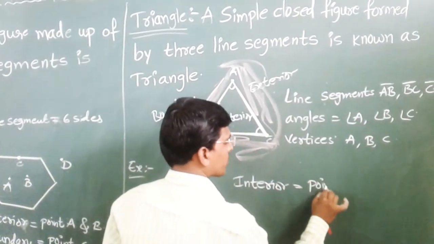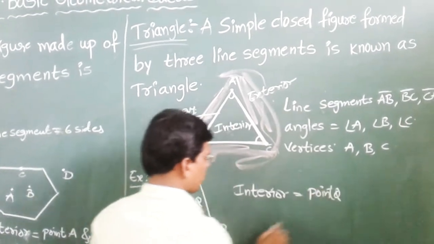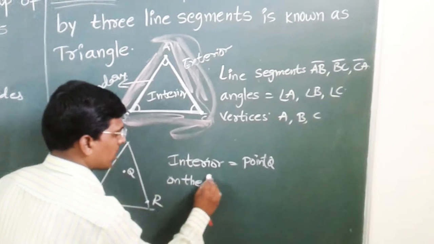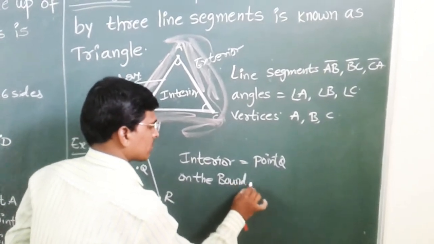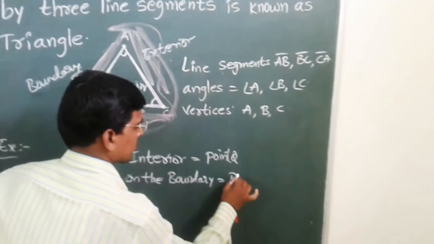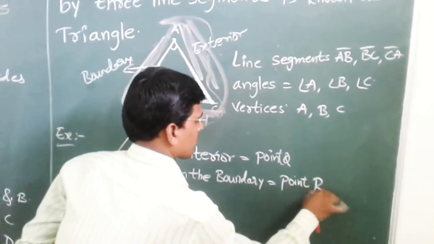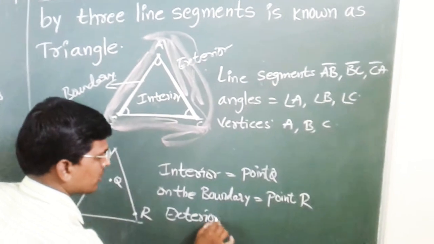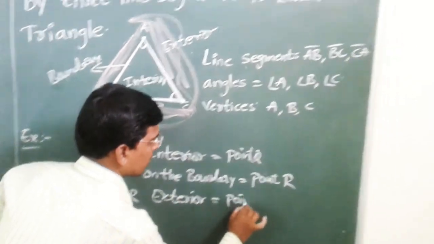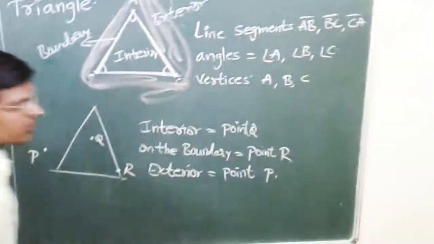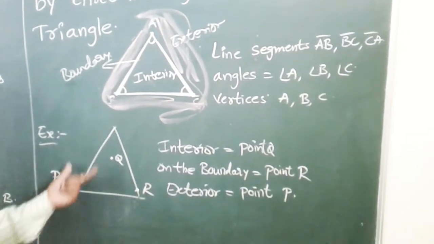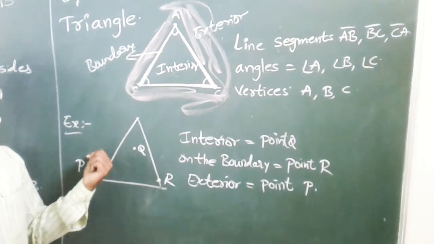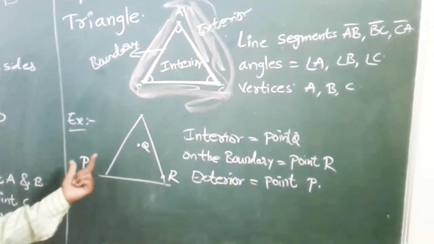Point Q. Next, on the boundary, point R. Outside, or the exterior region, point P. In this triangle figure, they will give you some points and ask you to identify their position, whether they are interior or exterior.